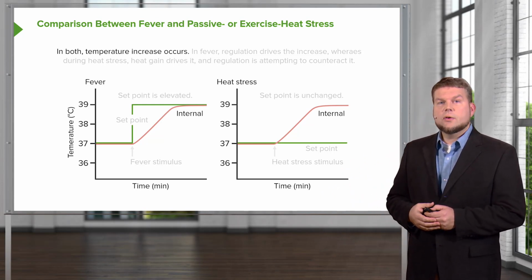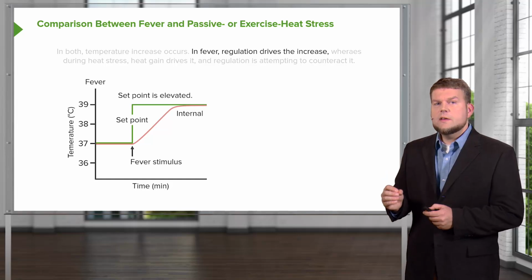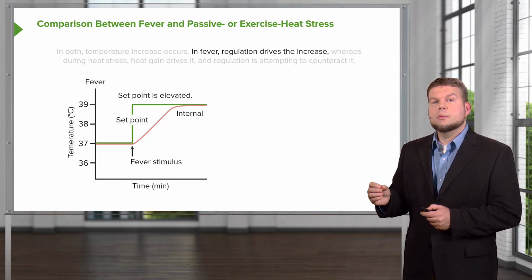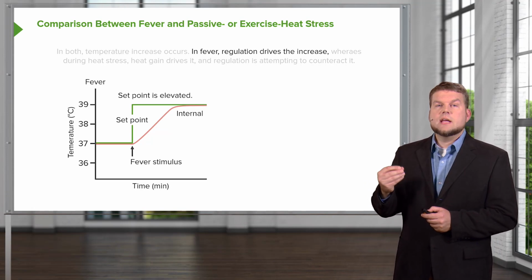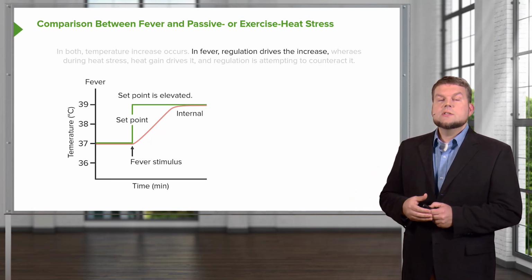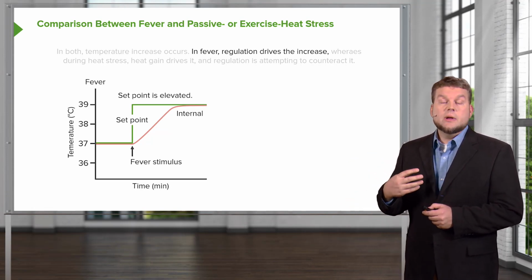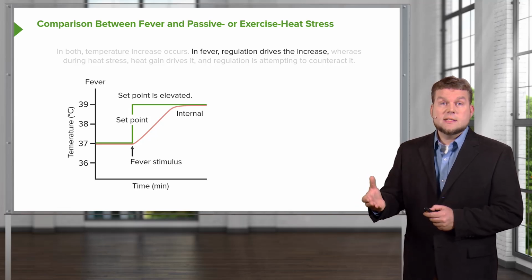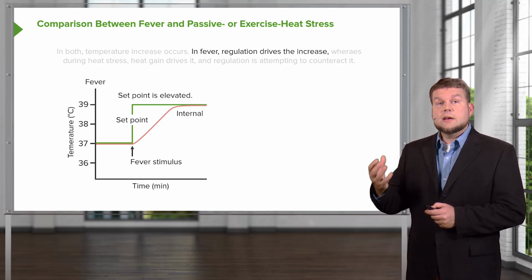So let's look at fever first. Fever increases body temperature by first increasing the temperature set point. As soon as you respond to a bacterium, such as LPS, you have a cytokine response.